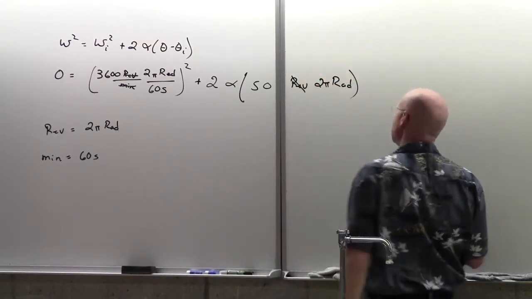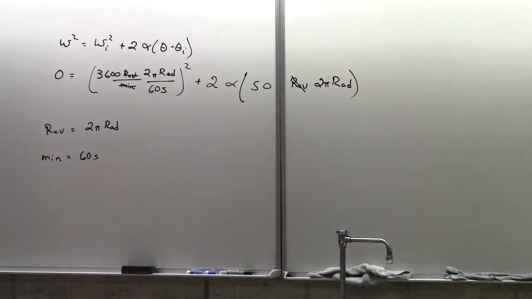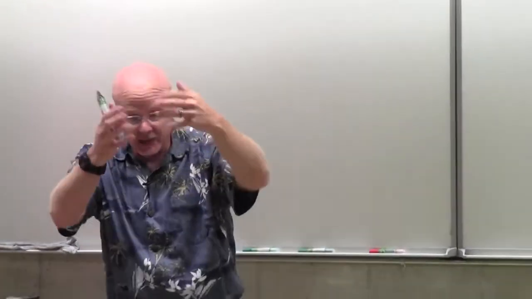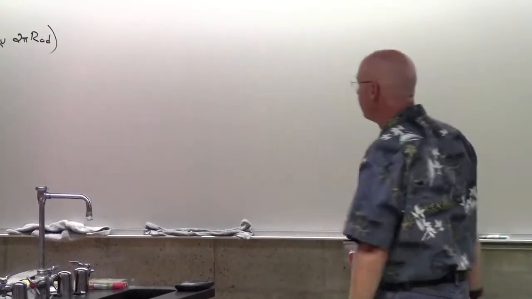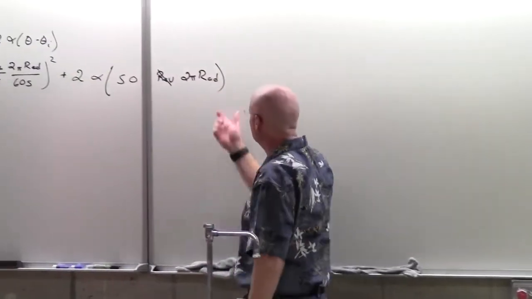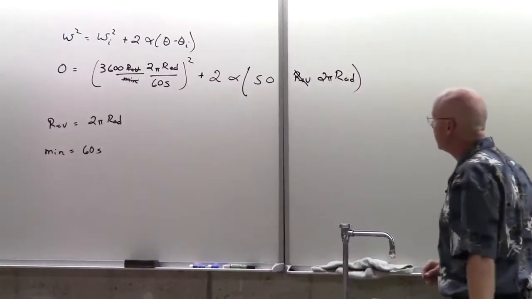Maybe it's worth repeating what we said from back in day 1. Treat your units like you do with your numbers. If you had some equation that said x equals 7 and there was an x in your equation, everywhere you see an x, you can replace it with that 7. So same thing here. Every time I see the word revolution, I will replace it with 2 pi radians.